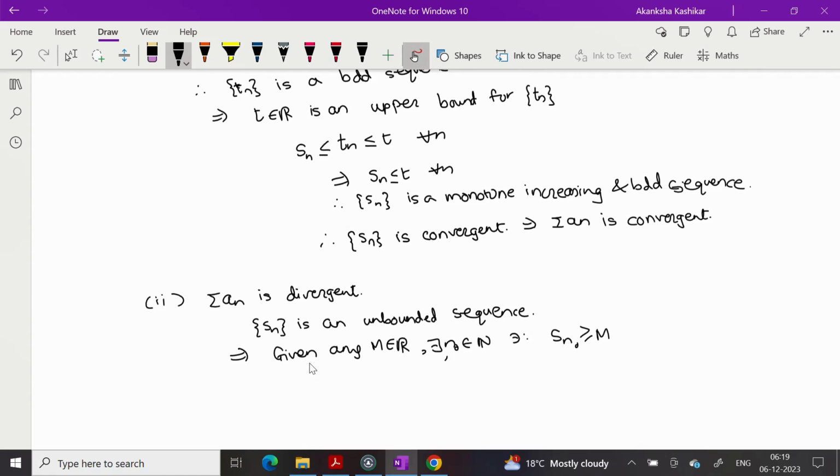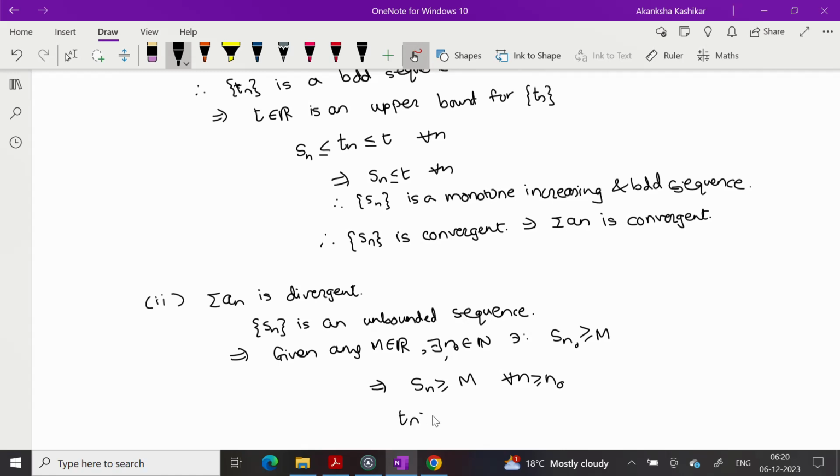Not just that, because the an are positive, Sn is a monotone increasing sequence. So Sn naught being larger than m would actually mean Sn is larger than or equal to m for every n greater than or equal to n naught. And we know Tn is larger than or equal to Sn. We have used it in the earlier proof also.